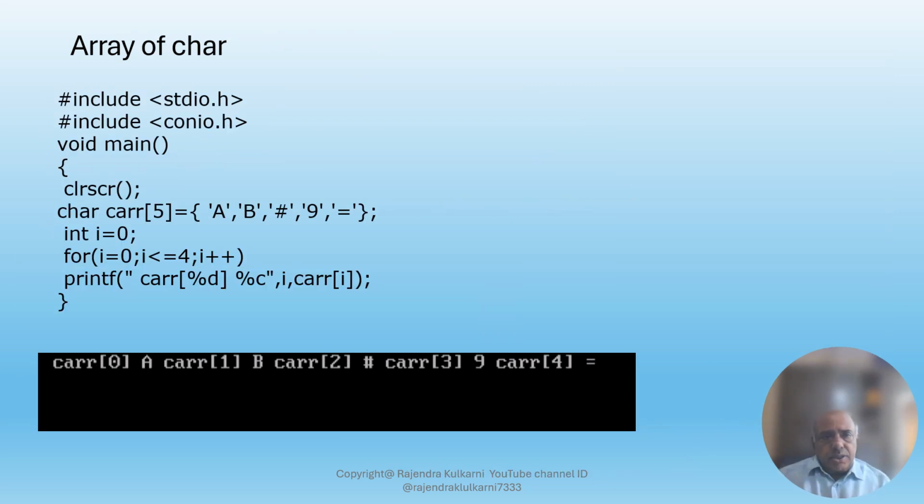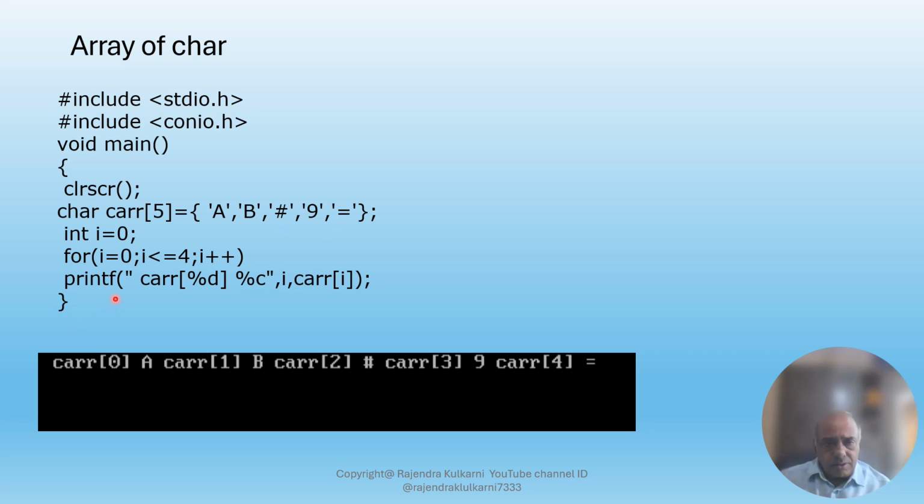We can also declare an array of char, in a simple program. char array, I have given the name CARR to this array with dimension 5 and initialized with char constants a, b, hash, 9 and the sign equal to.